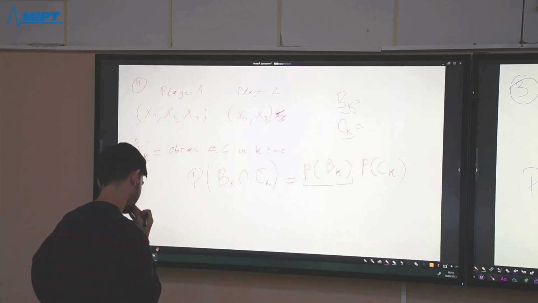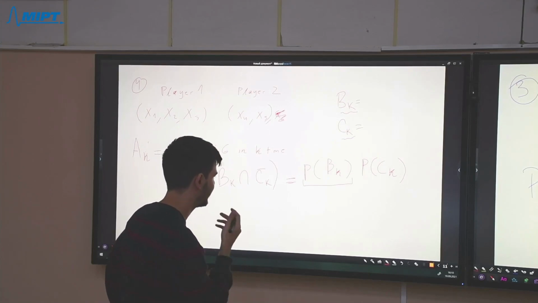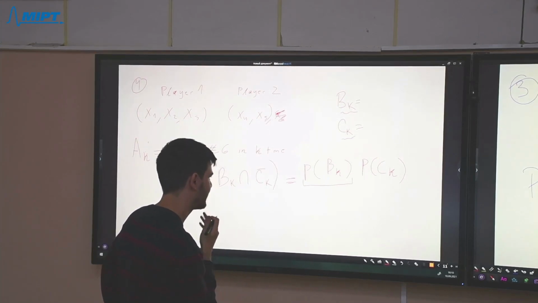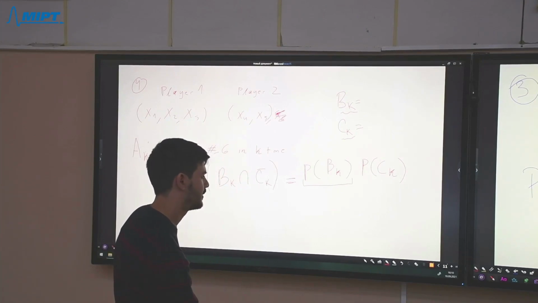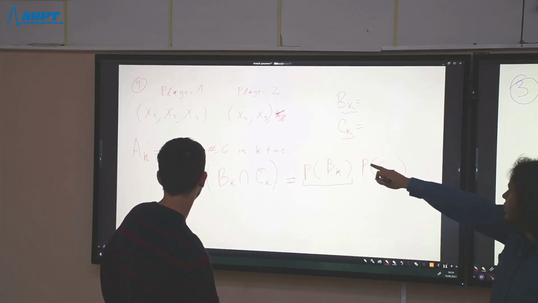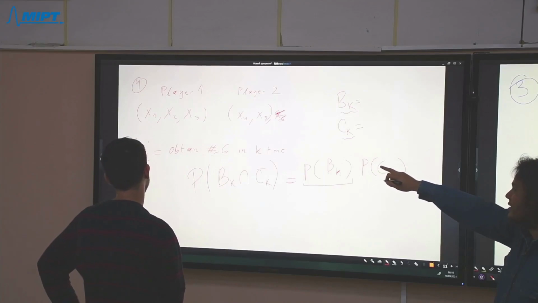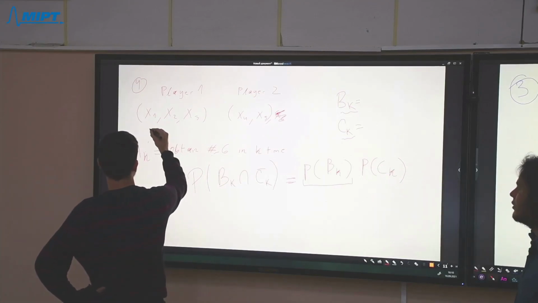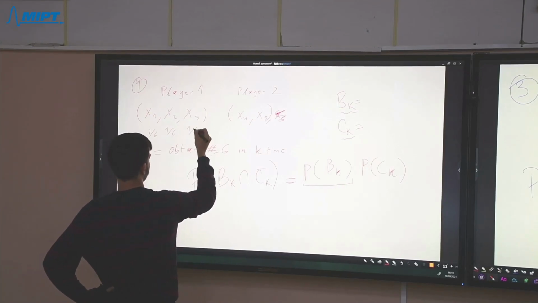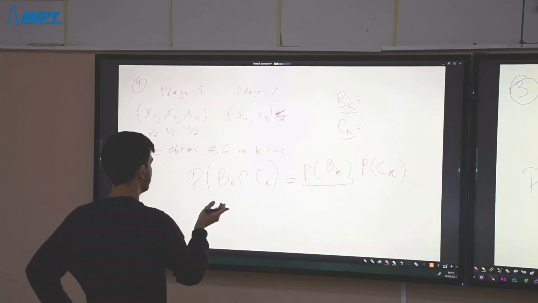Don't think about the distribution. Just think about what's the probability that he got 6 on the first time. So he has how many dice? 3 dice, right? What's the probability that he gets 6? 1 over 6. So we multiply it?